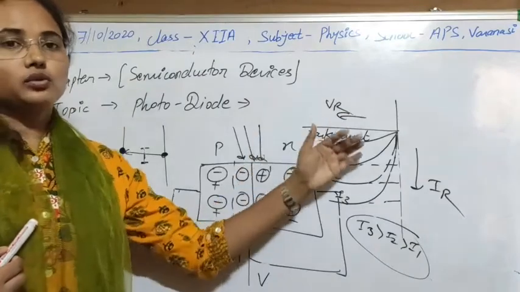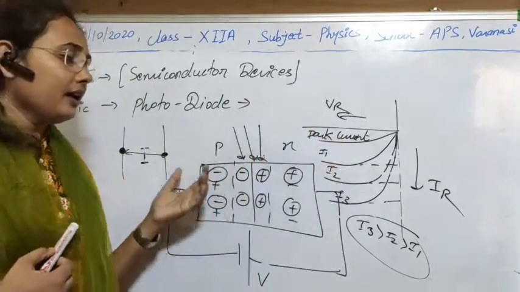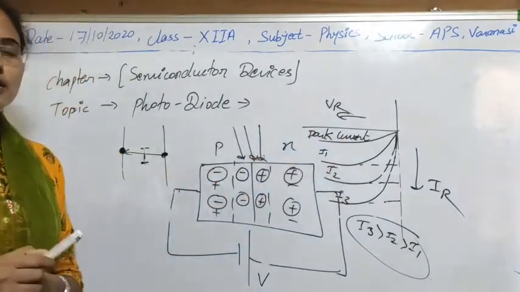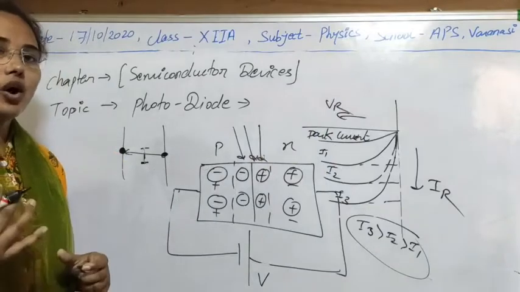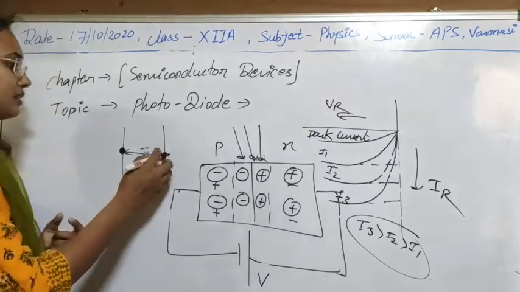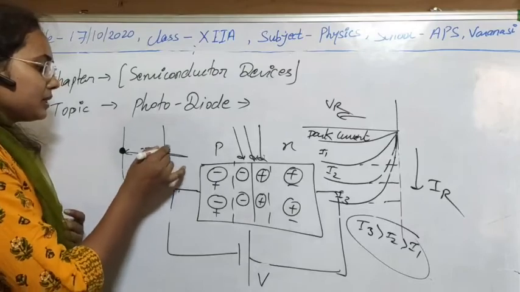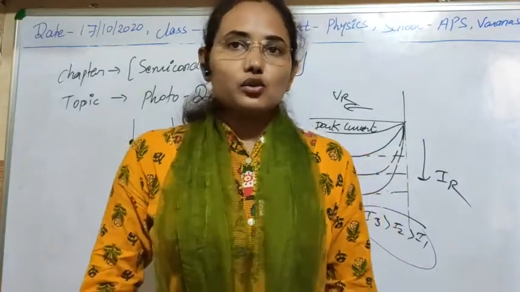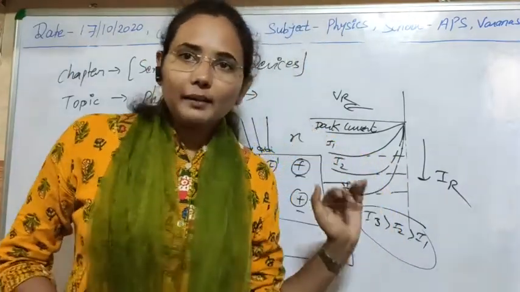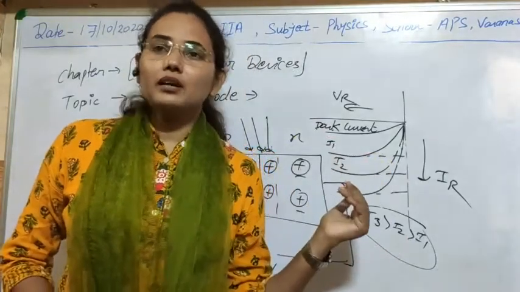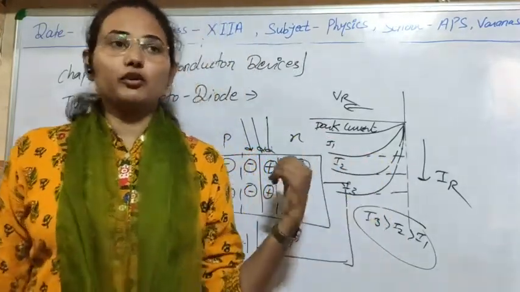We can use it in this way in many fields, like in a counter circuit. If we want to count obstacles, suppose this is a railway machine. So all the applications of photocells can be done with the help of the photodiode also.